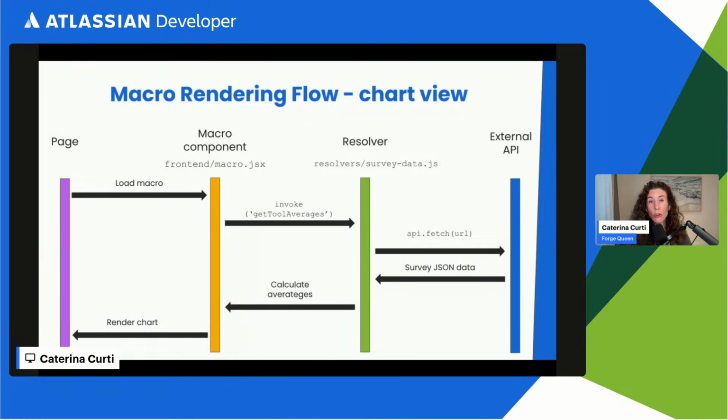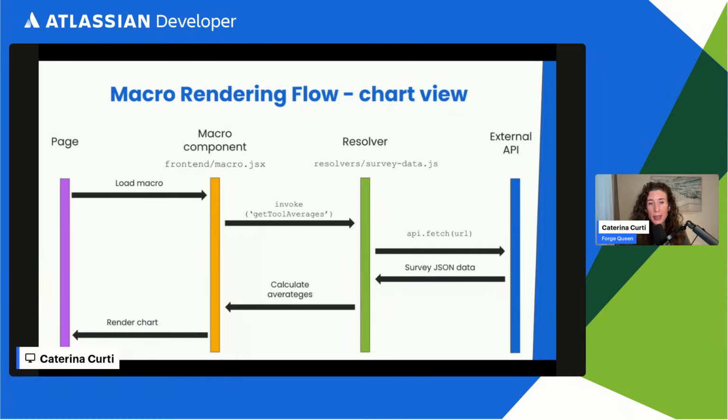The invoke is being provided by the resolver, and the resolver file name is survey-data.js. In the resolver, you'll find a call, which is the api.fetch, which is going to one URL, and the URL is the URL of our external APIs.